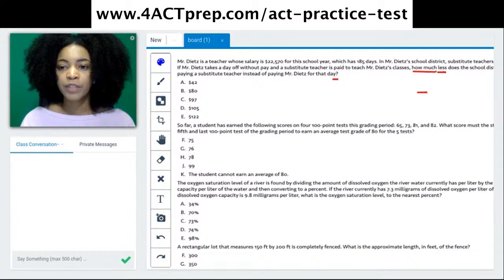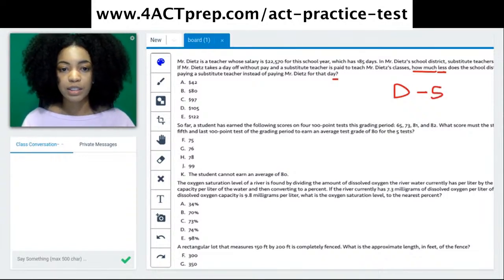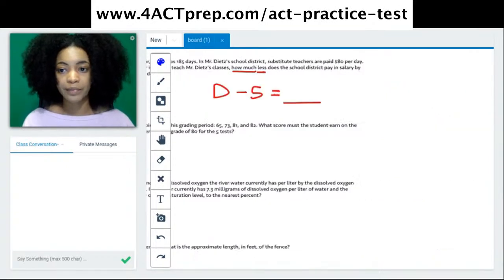And what am I subtracting? I'm subtracting what they would be paying the substitute from what they would pay Mr. Deets if he had worked. So we need Mr. Deets' daily pay minus the substitute's daily pay, and that's going to equal the answer that we're looking for.